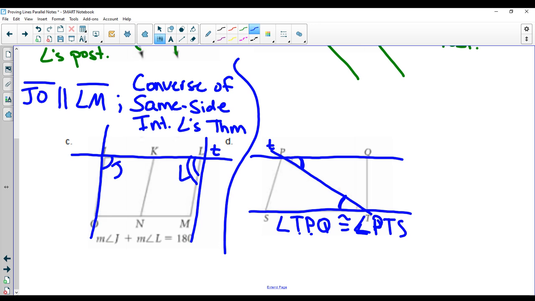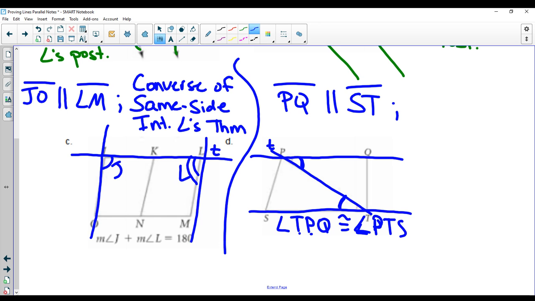I know that they are congruent. That matches the information I was given. So everything's true, everything worked out, so I can say segment PQ is parallel to ST. And again, I used segments instead of lines because I started with this figure and they're made of segments.